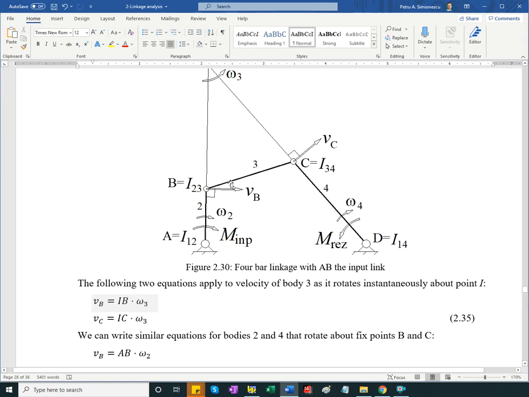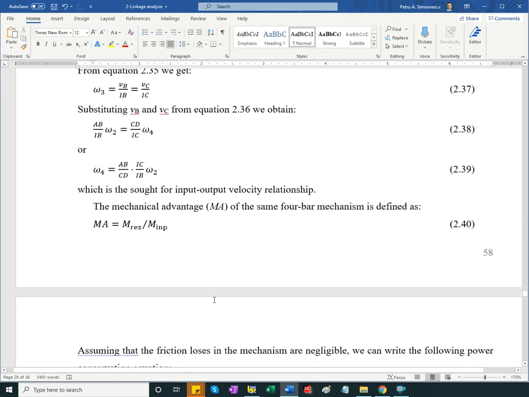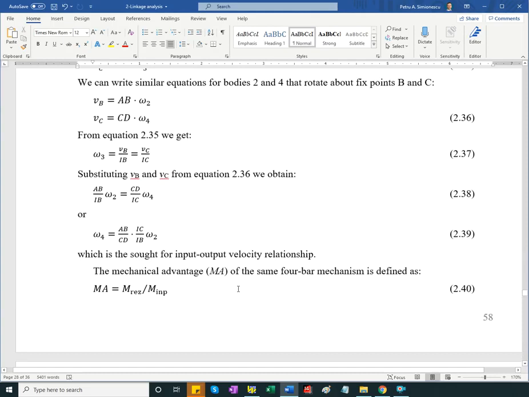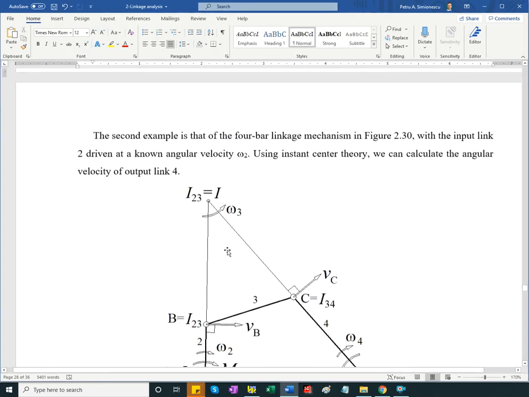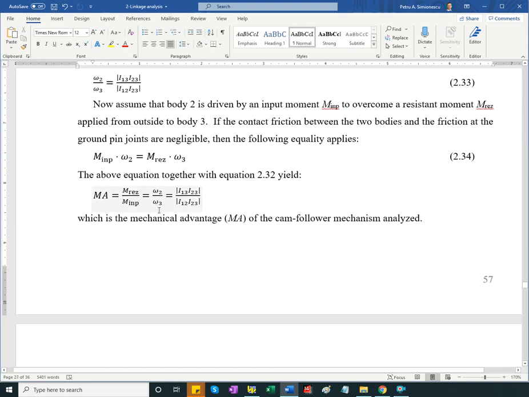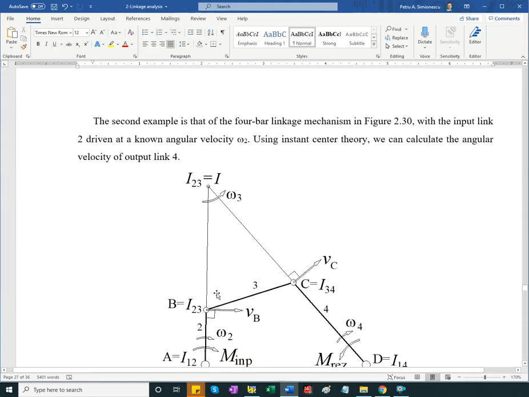If we want to calculate the mechanical advantage, the ratio between resistant moment and input moment, we need to take the ratio, remember, of input omega over output omega, which is omega 2 over omega 4 in this case.